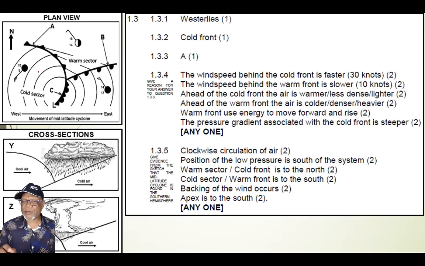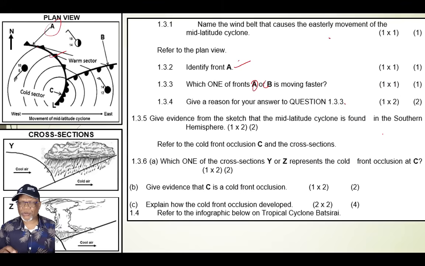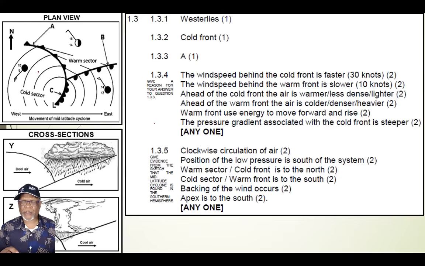The wind speed behind the warm front is slower, and ahead of the warm front, the air is colder and denser. Warm front uses energy to move forward and rise. The pressure gradient associated with the cold front is steeper. So those are the questions that you expected to give there.